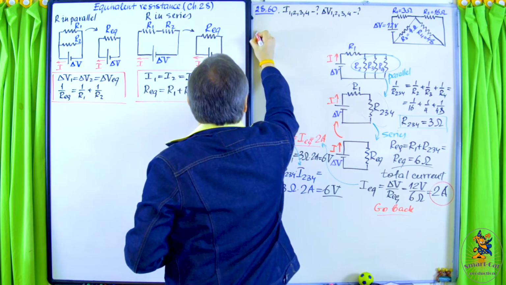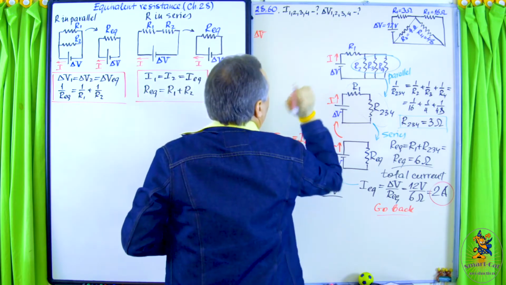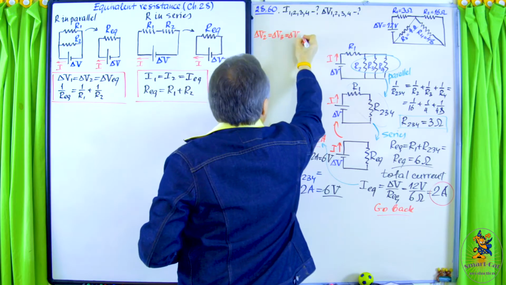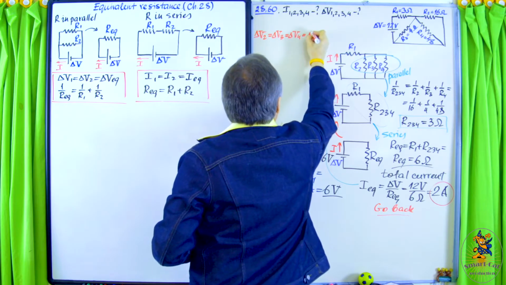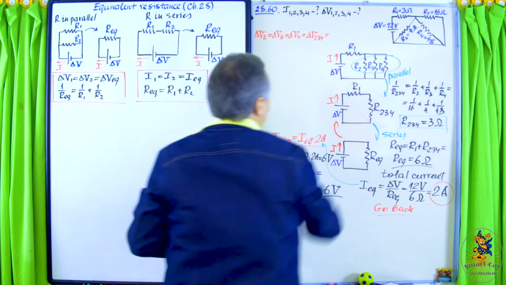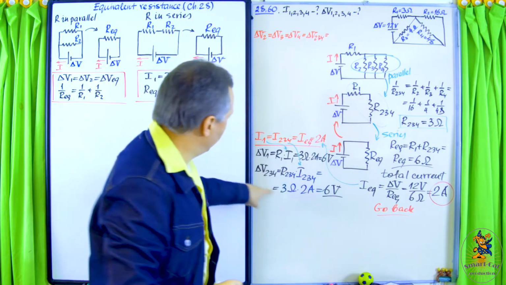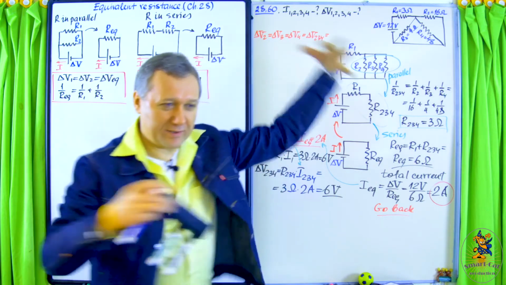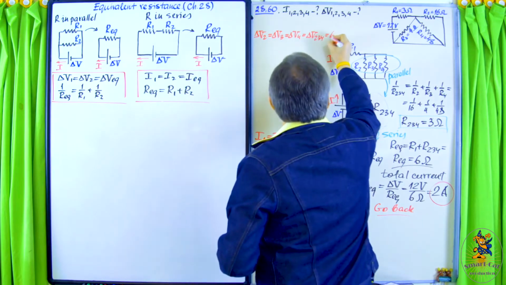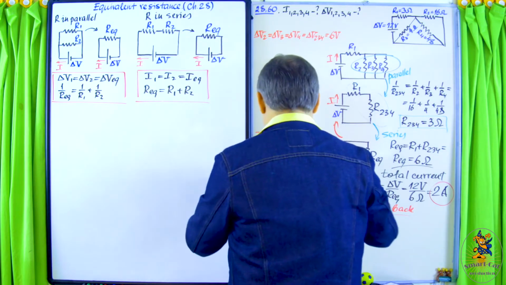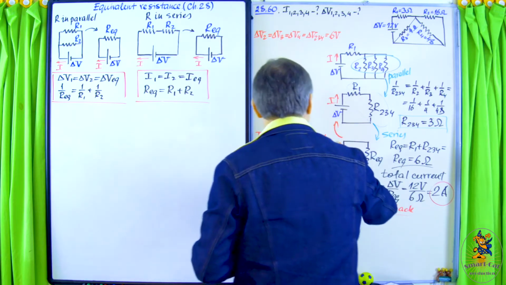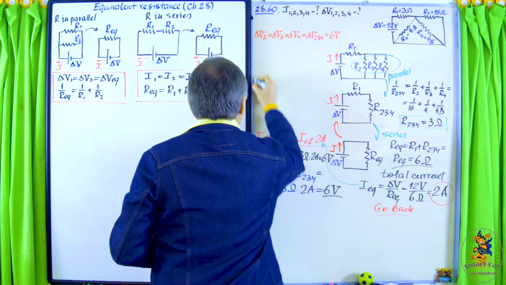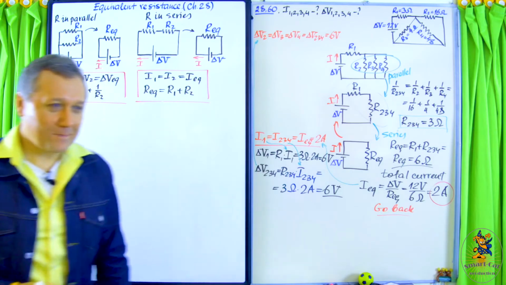It will be delta V2 equals delta V3 equals delta V4 equals delta V2,3,4, which is here, 6 volts. So 6 volts goes up there. You see, everything is linked, nicely connected. This delta V2,3,4 goes over there.